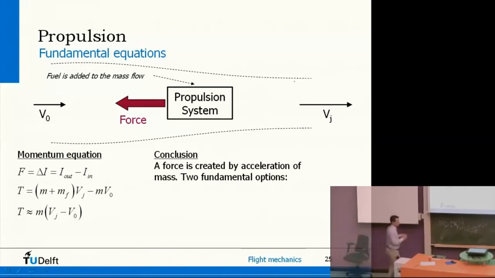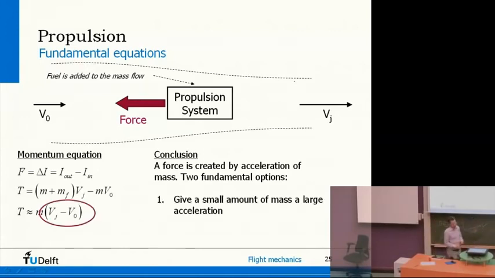So two variables you have really, because V0 is the speed at which you're flying. If you design a propulsion system, you can play with this jet velocity or with the mass flow of the air.